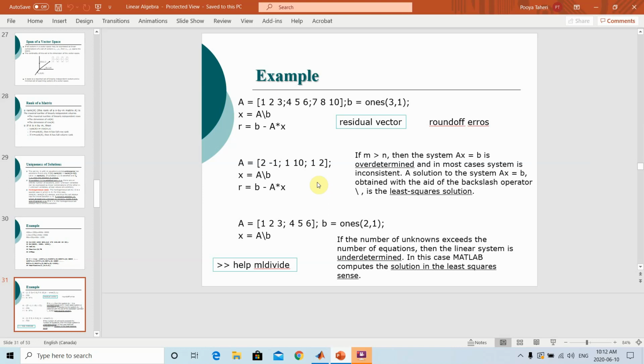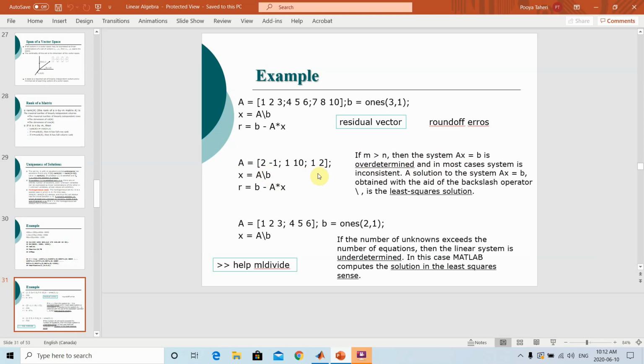Let's say one of them tells you that it's in Burnaby, the other one tells you that it's going to be in South Burnaby, the other one tells you that it's in Calgary, right? So then most probably an overdetermined system would have one equation that would be inconsistent with the other equations.